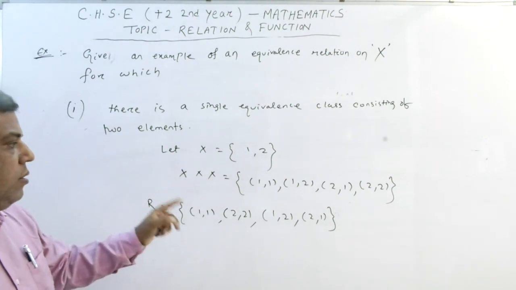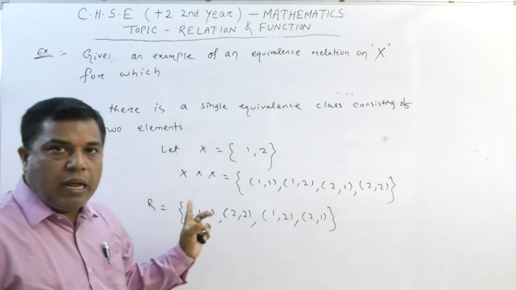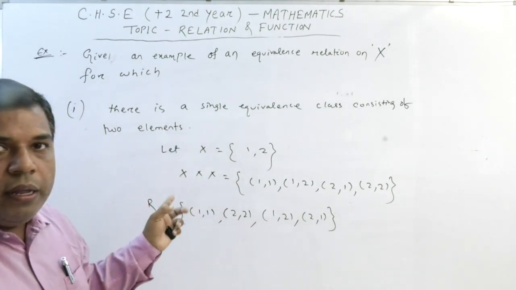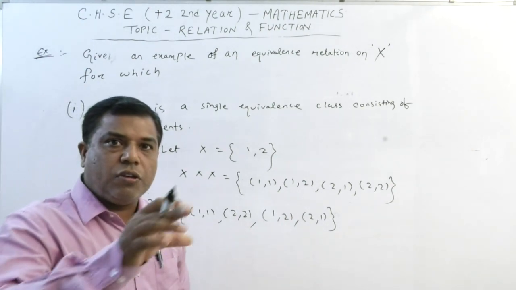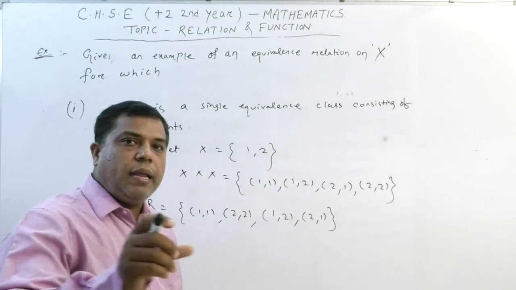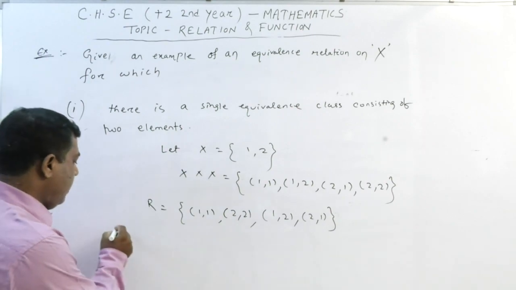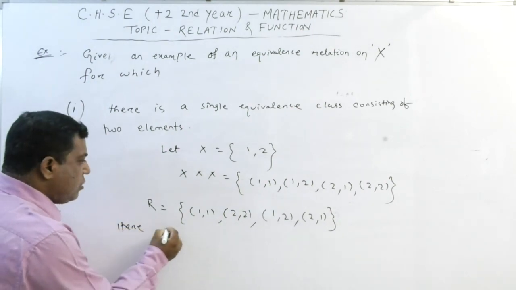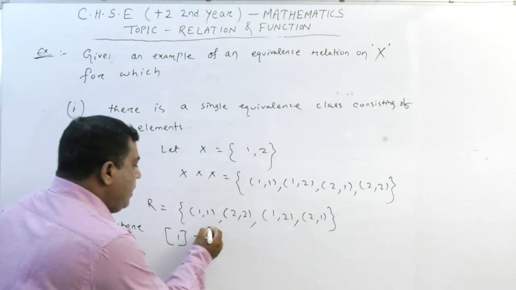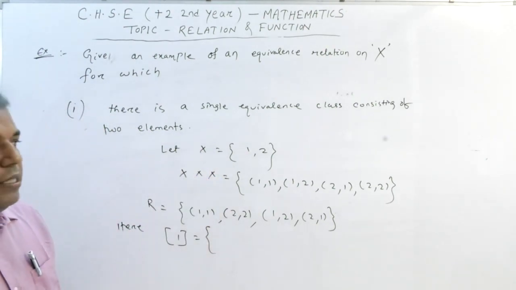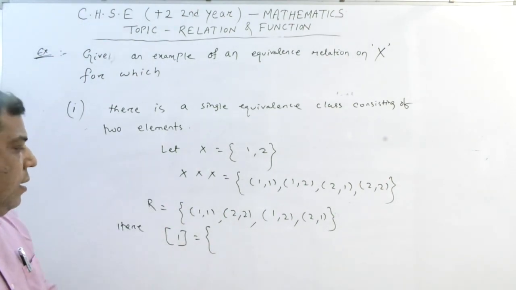Now we can find the equivalence classes. We already wrote just before what an equivalence class is. It consists of those elements that are related in the ordered pairs. So here the equivalence class of 1 consists of those elements that are related to 1 in that particular relation.